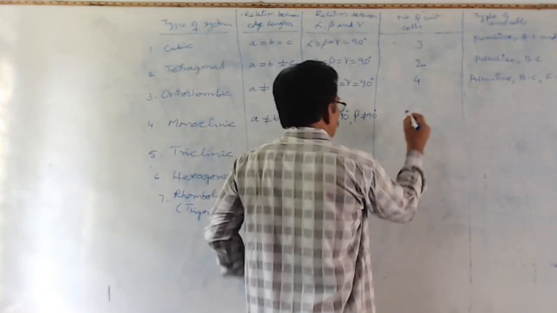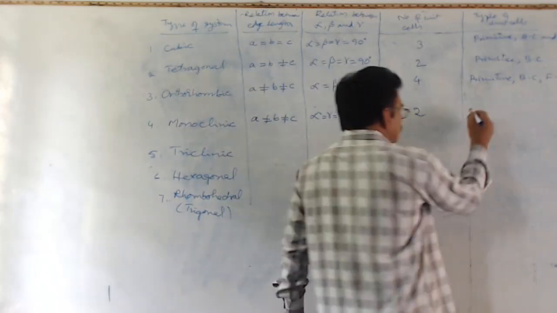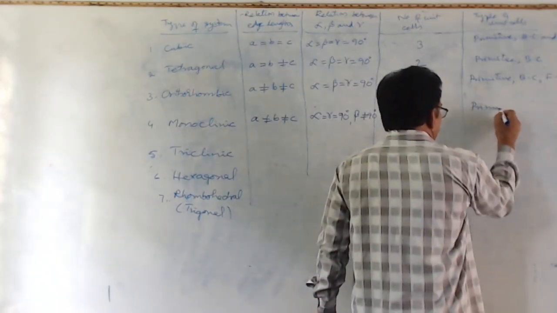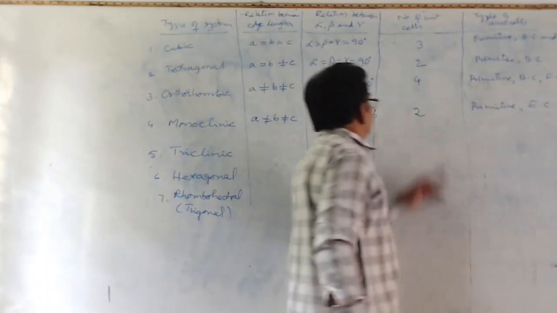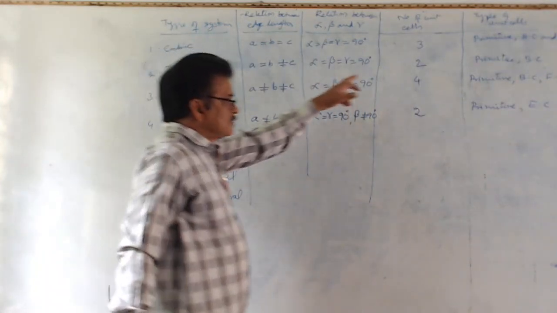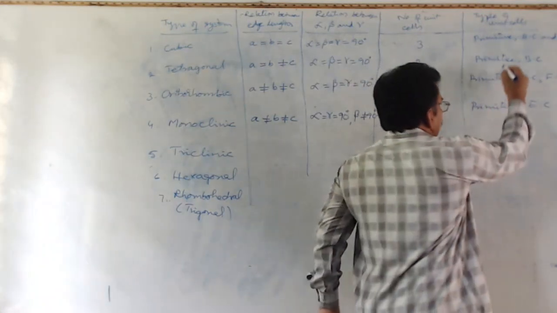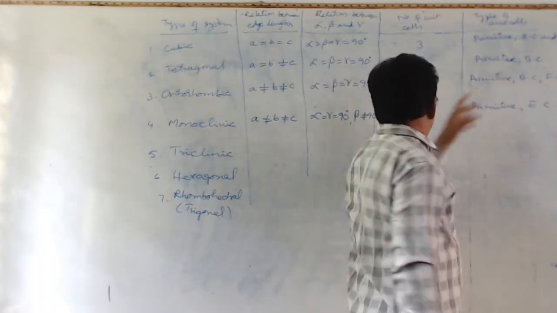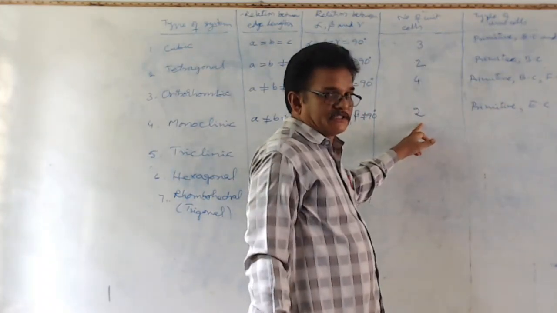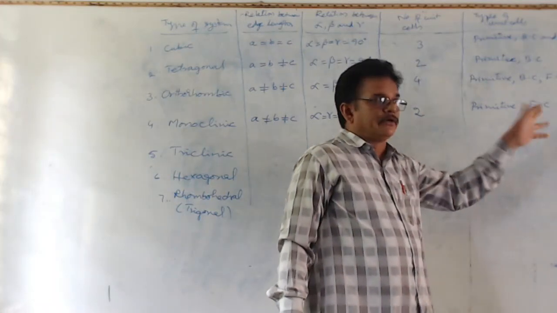So in this monoclinic system, there are two unit cells. These two unit cells are the primitive unit cell and the end-centered unit cell. In the trigonal system also there are two unit cells. They are the primitive unit cell and the body-centered unit cell. In the other system also two unit cells are present, but these are the primitive unit cell and the end-centered unit cell.